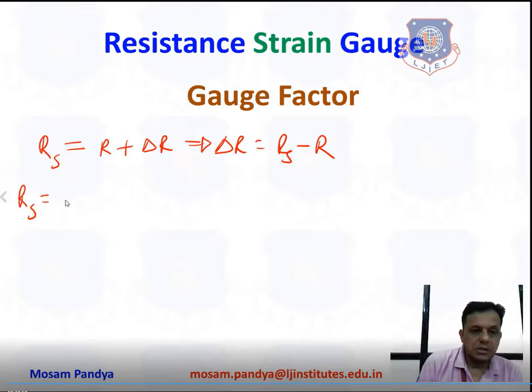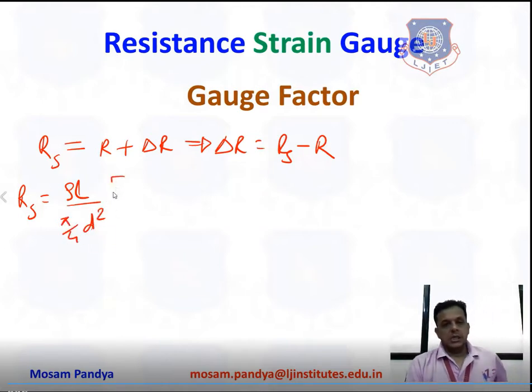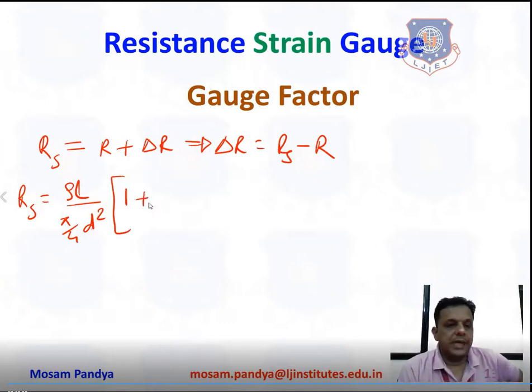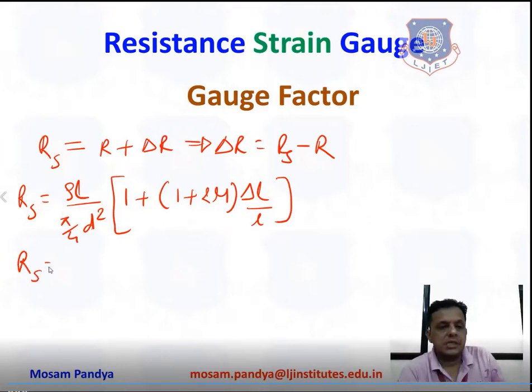Rs is rho L upon pi by 4 d square into, in bracket, 1 plus 2 mu delta L by L, taken common in the bracket. So what is Rs?